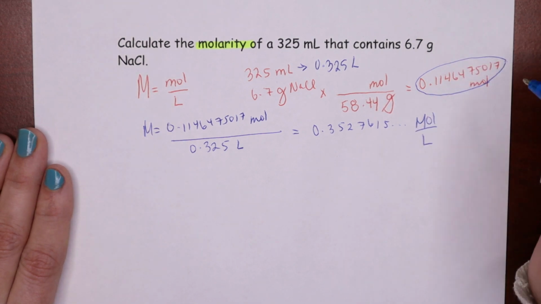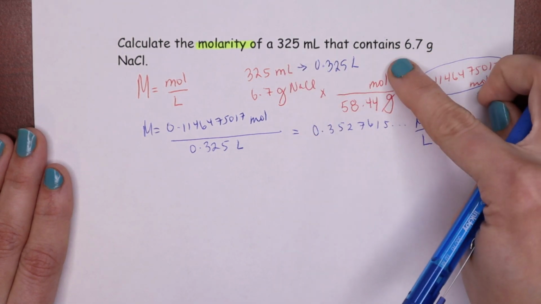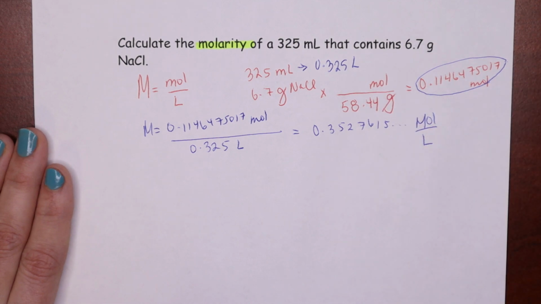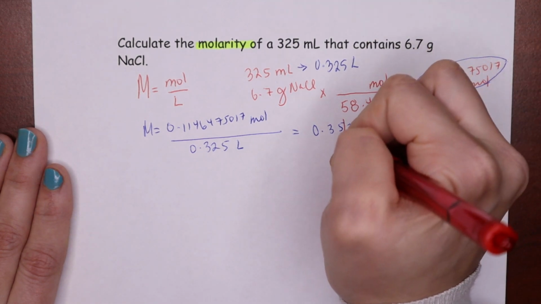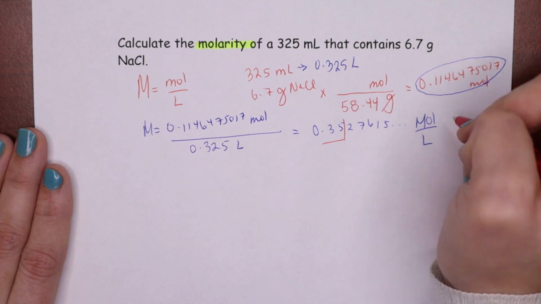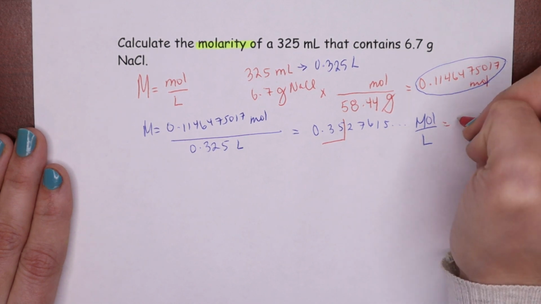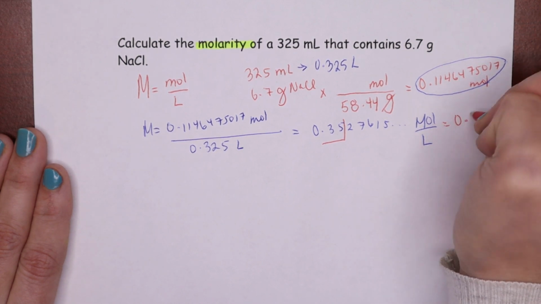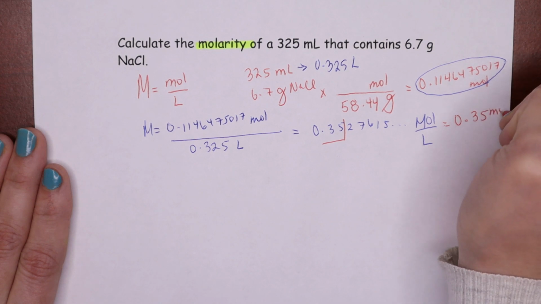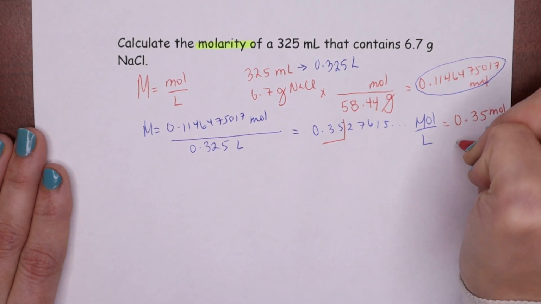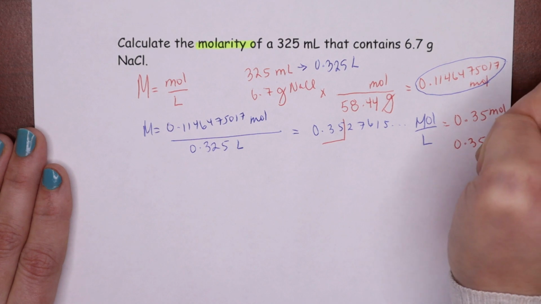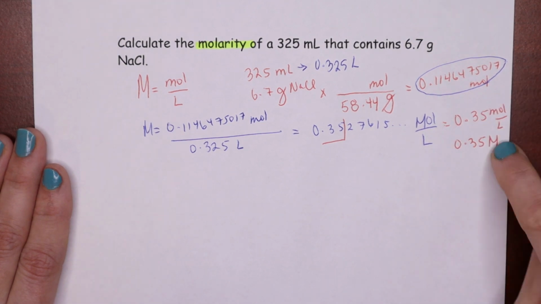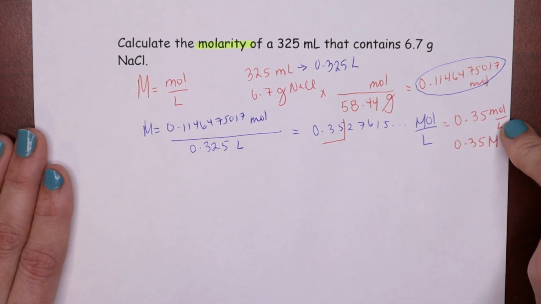Okay, now let's look at the significant figures. We have 3 versus 2, which means that our final answer should have 2. You're going to stop right there, and that means that our final answer is 0.35 moles over liters, which is the same as 0.35 big M, right? The big M stands for moles over liters.